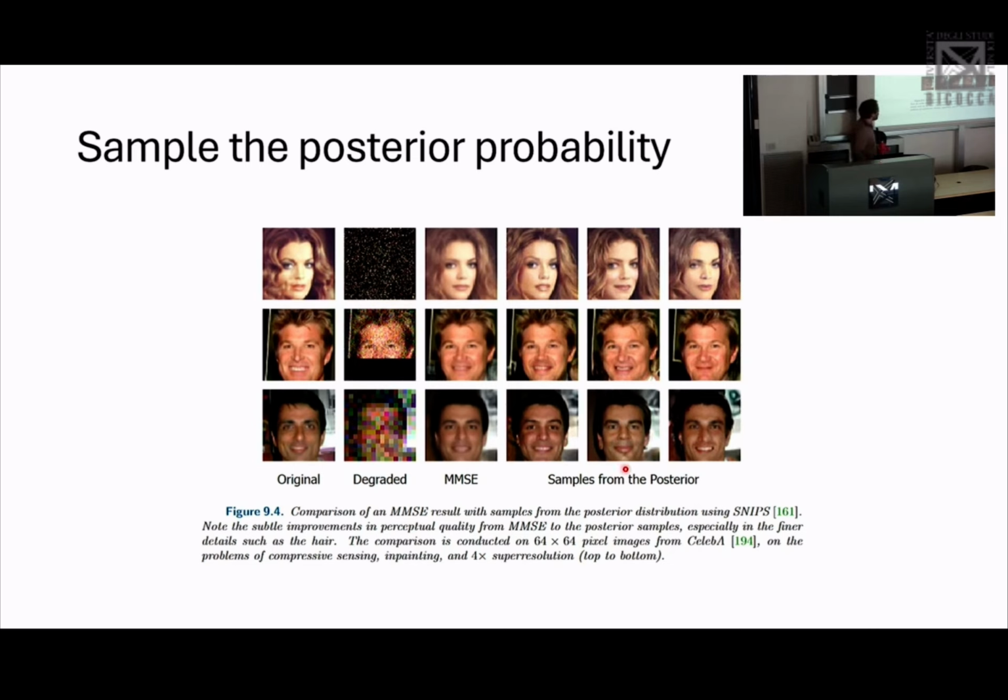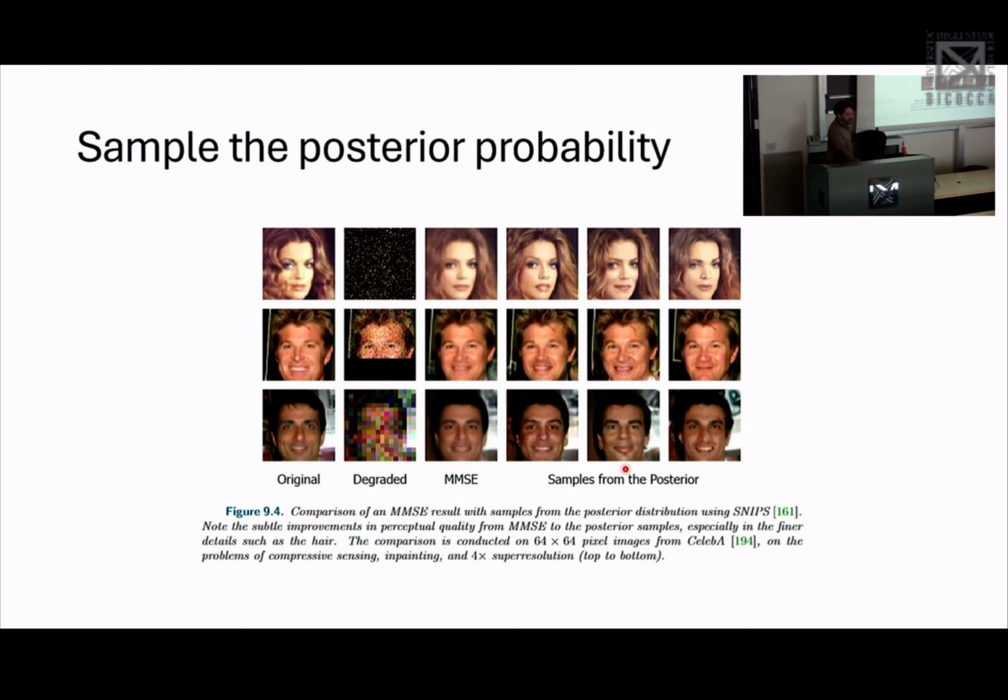And again, if you do a random sampling of the posterior distribution, like in this case, we don't have the mouth, and you can see it's recovered once open, once closed, once open. Here you can take a look at the eyebrows, and they have a different shape, and also the mouth is different every time. And also here, you can see that the eyes have a different shape, the eyebrows are different, so I hope you get the concept.